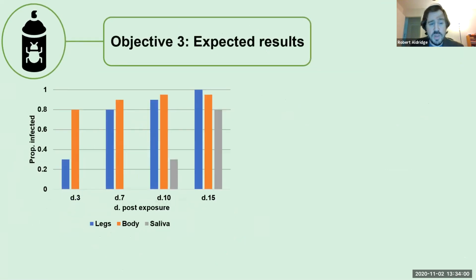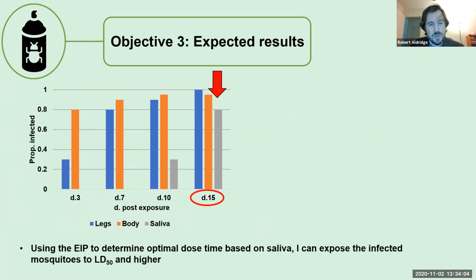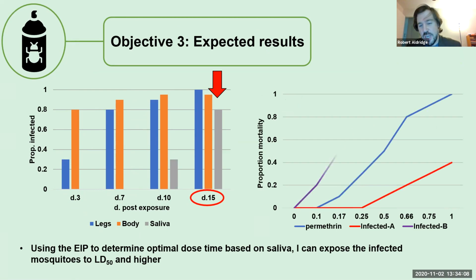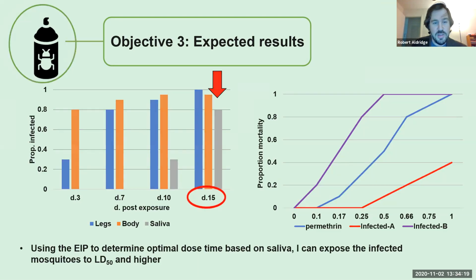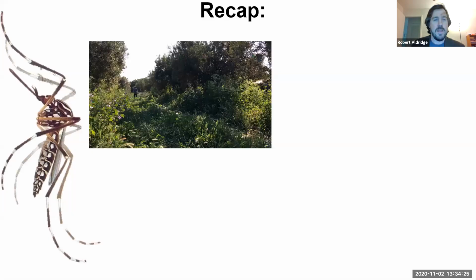So these are some expected results, right? Days past exposure, possibly there will be a change in susceptibility. Their proportion mortality may increase or decrease, I'm not exactly sure which. But that's ideally what we're looking for, and therefore the interaction of these 3.